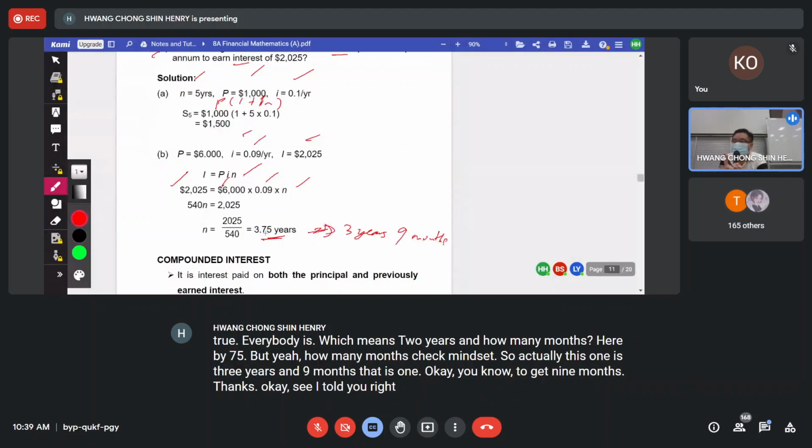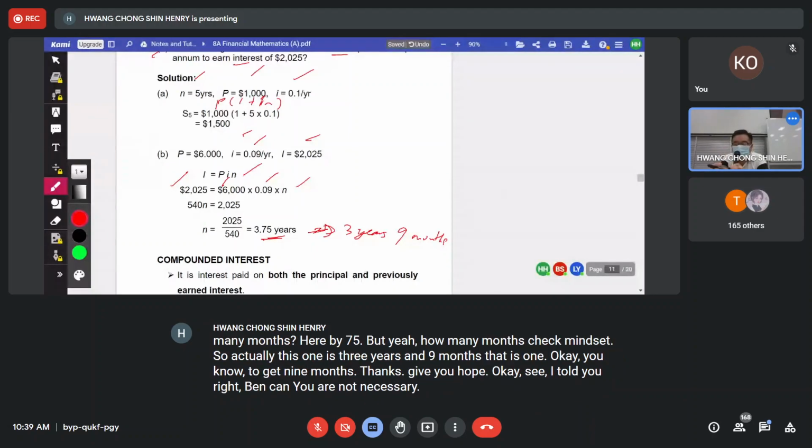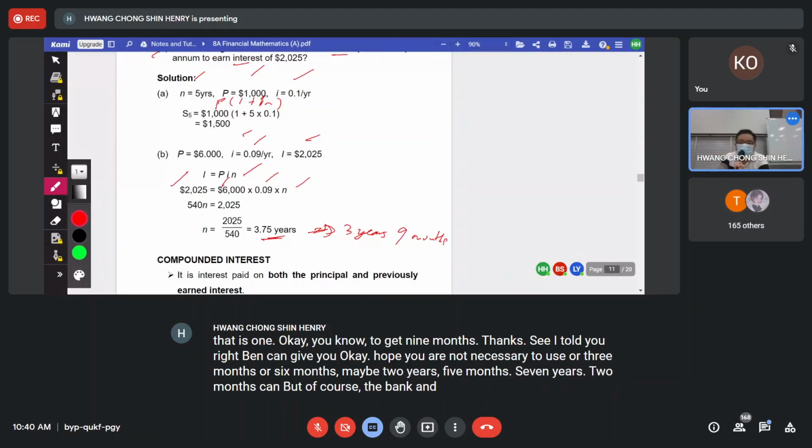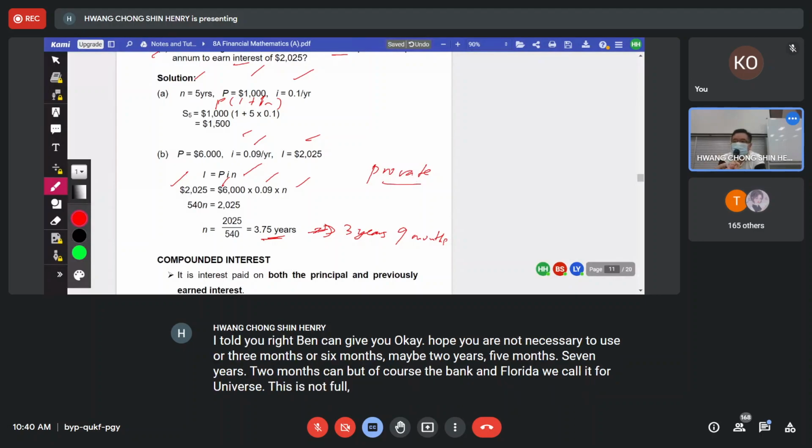The bank can give you, we call it period, not necessarily 3 years or 3 months or 6 months. It can be 2 years 5 months, 7 years 2 months, can. But of course, the bank can prorate. You know what's called prorate? If it's not full, they do the average. That's called prorate.